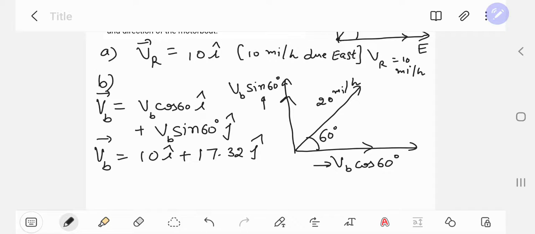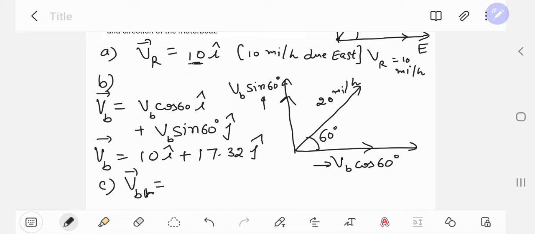When we're looking for part C, the true velocity, that means I will add the x component and the y component of the boat and the river. This is a very interesting part, and I will take the square root after, when calculating the magnitudes. So the boat's component along the x-axis is 10 i cap right here, and the river component is 10 i cap.